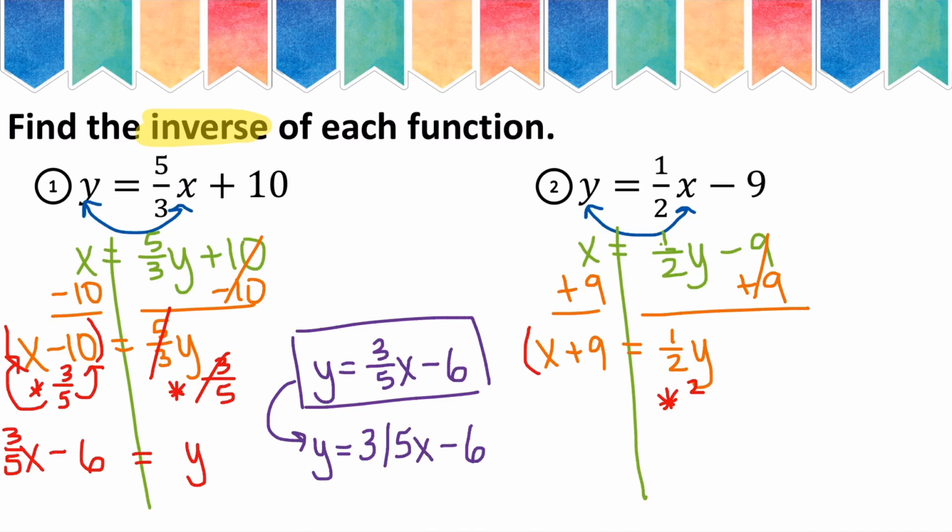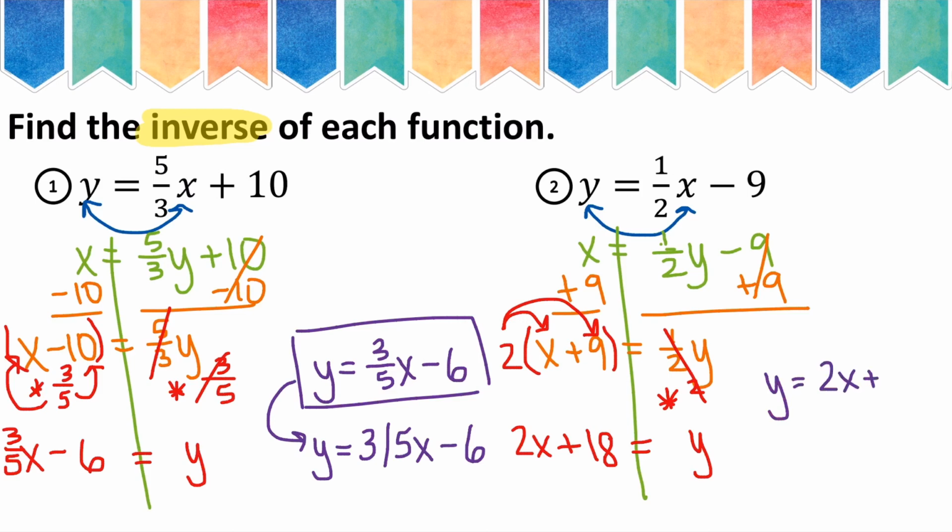Remember, on the left-hand side, I will need to add parentheses. So now the 1/2 and the 2 will cancel, and y comes down, and I will use the distributive property. 2 times x is 2x, and 2 times 9 is 18. So my final answer is y equals 2x plus 18.